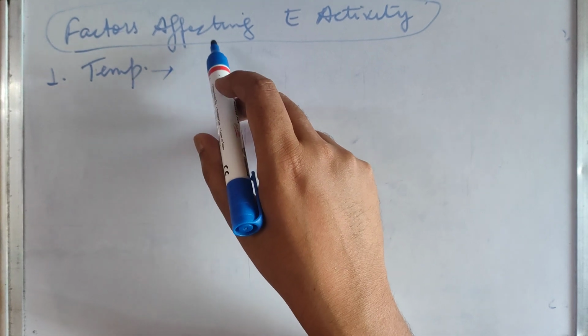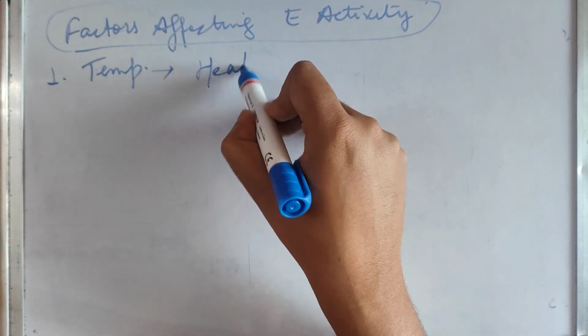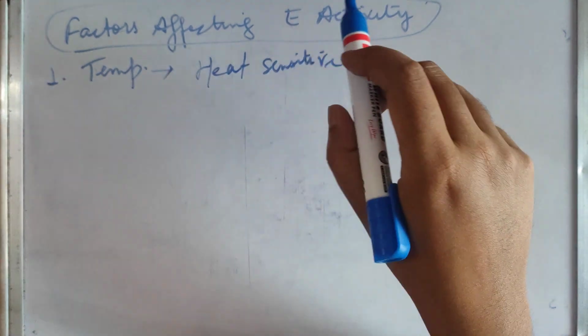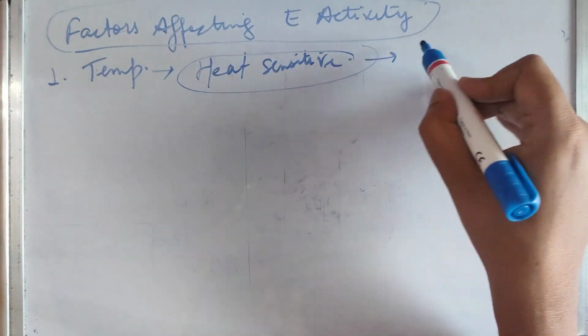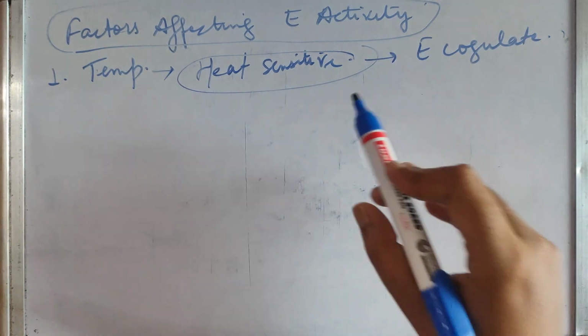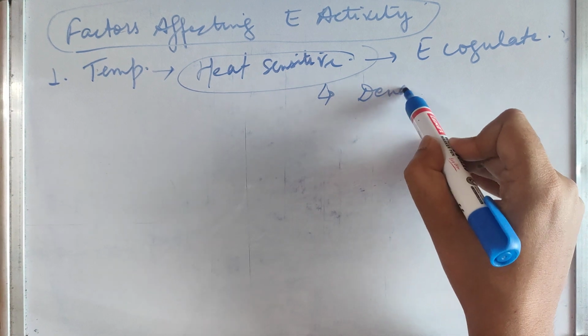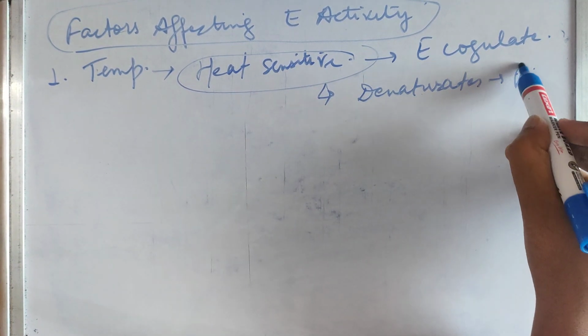As I discussed in the properties, enzymes are thermolabile, that is, heat sensitive. Hence they coagulate at a certain temperature. Even by excess heat, enzymes denature. Enzymes denature due to excess, high heat.